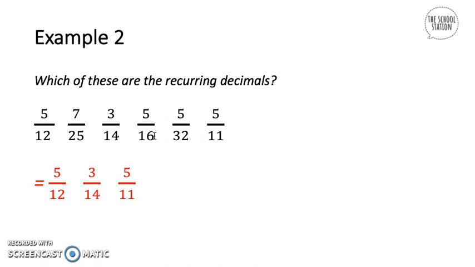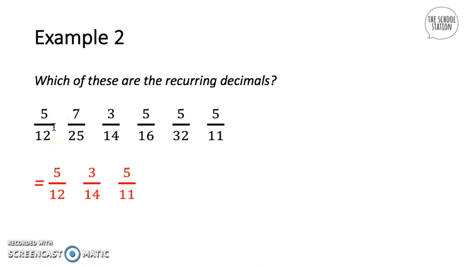The way I solve that is by going through each of the fractions and seeing which are recurring decimals. For the first one, we check if 12 from 5/12 is a power of 2 or 5. 12 is not, because if we did 2 to the power of something to make 12, it would not be a whole number. So 12 is not a power of 2 or 5.